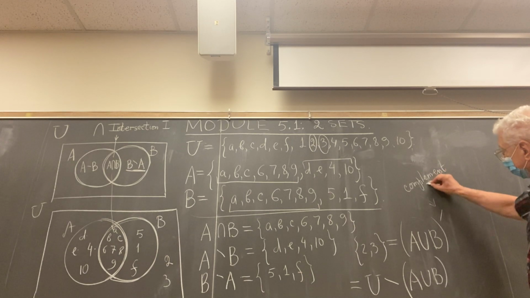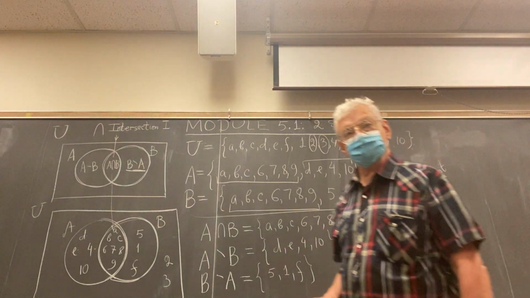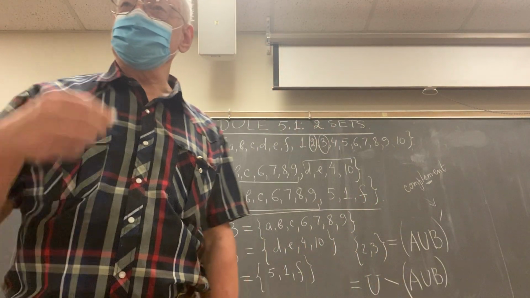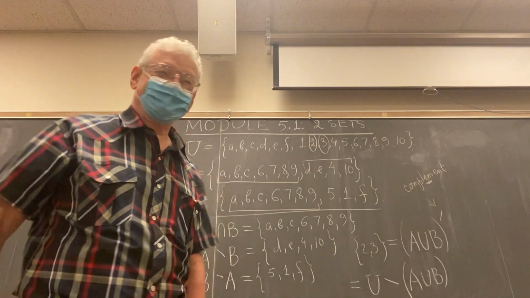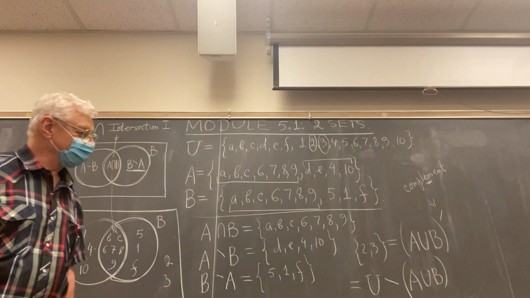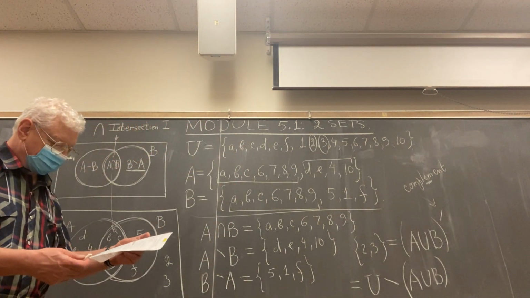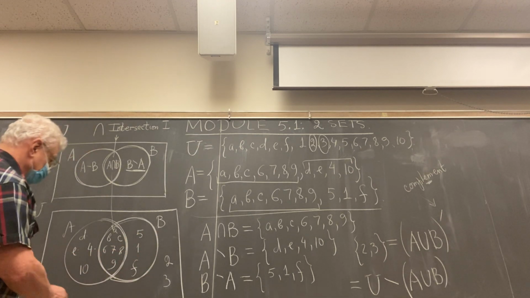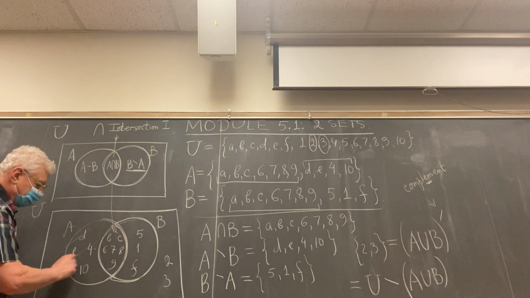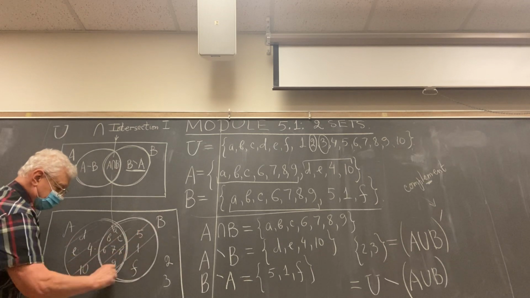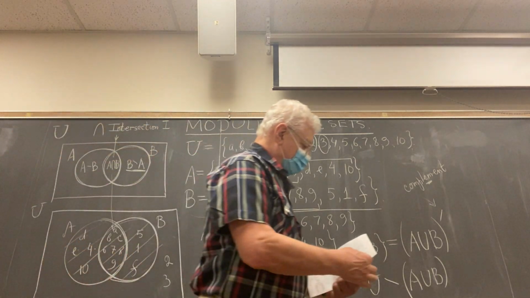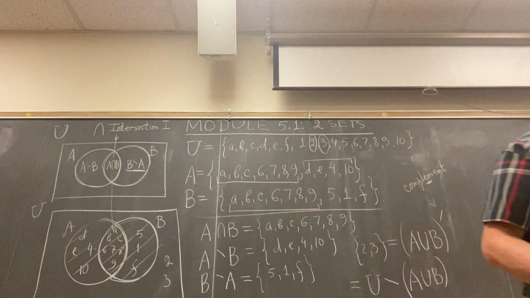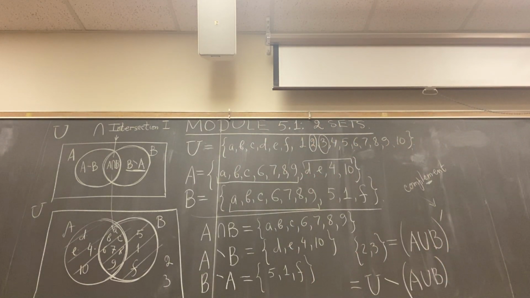Remember, this letter is E. If you write it, it will be complement. If you answer correctly, I'll give you a compliment for that. But that is complement. Okay, so 2 and 3 are outside of the union. Union is shaded here. Okay, got it? Yes, I do.